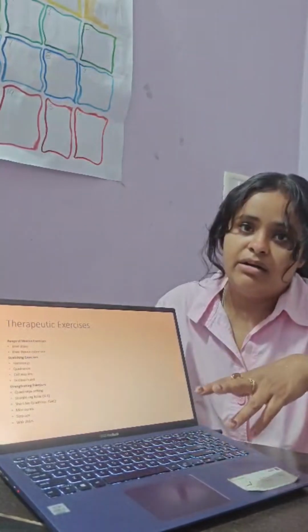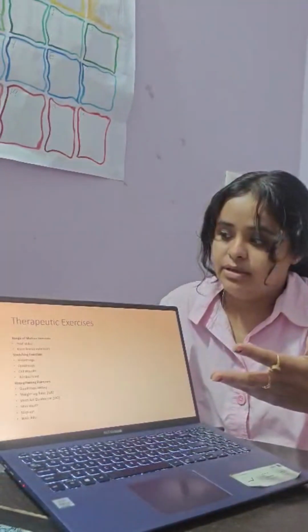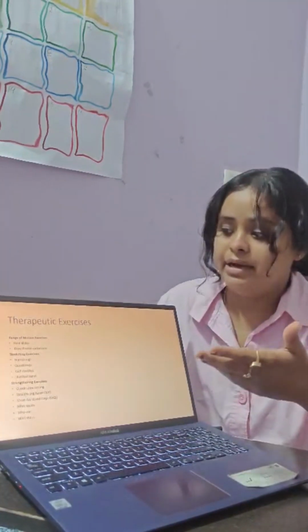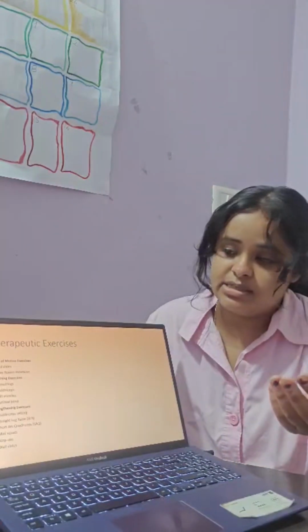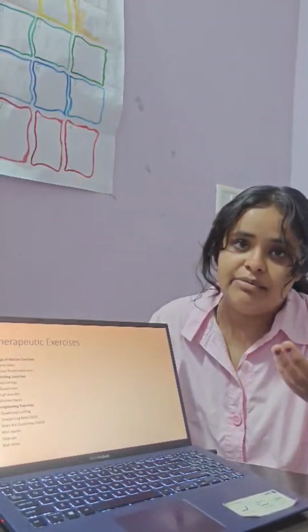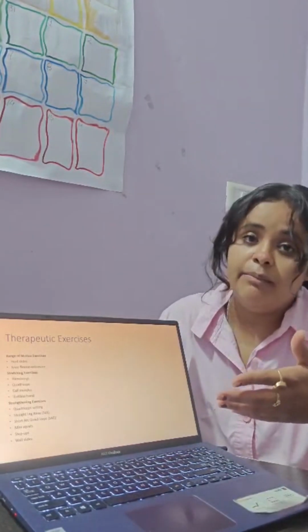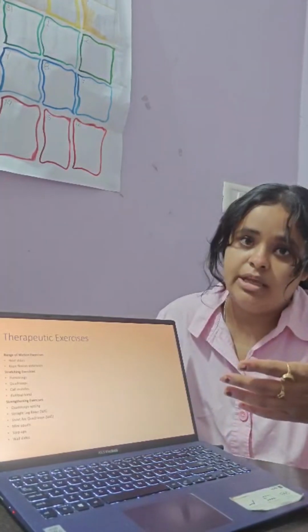Then the therapeutic part comes, where you can give different kinds of exercise to the patient. For range of motion, you give heel slides and knee flexion-extension exercises. Then stretching exercises, which are also very important, for the hamstring, quadriceps, and calf muscles. After that, strengthening exercise plays a major role because there is weakness of the muscles in osteoarthritis.